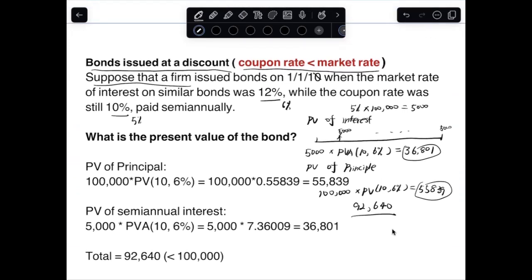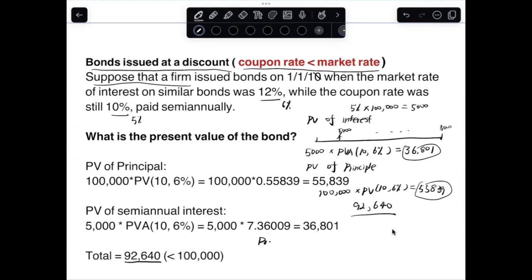And here, the bond is issued at a discount. So the bond is issued at this price, which means the company can only sell the bond at this price. So debit cash 92,640 and credit bonds payable 100,000. And you can see here it's not equal, because the company will pay the investors 100,000 later.